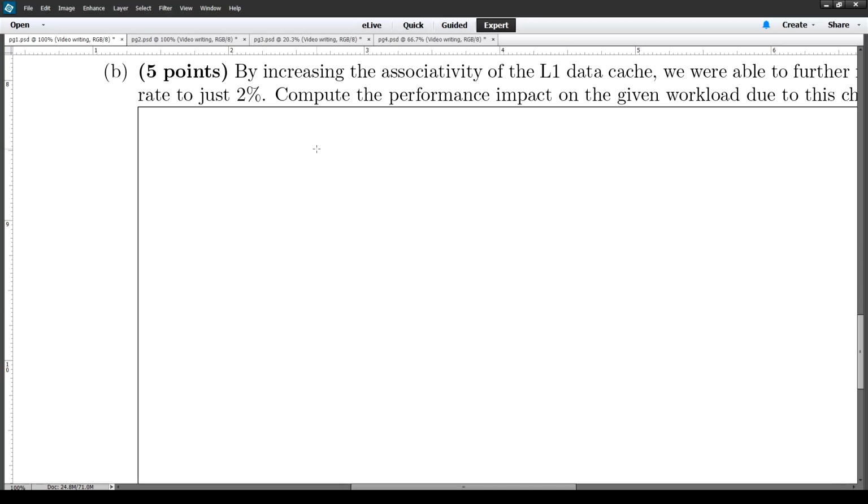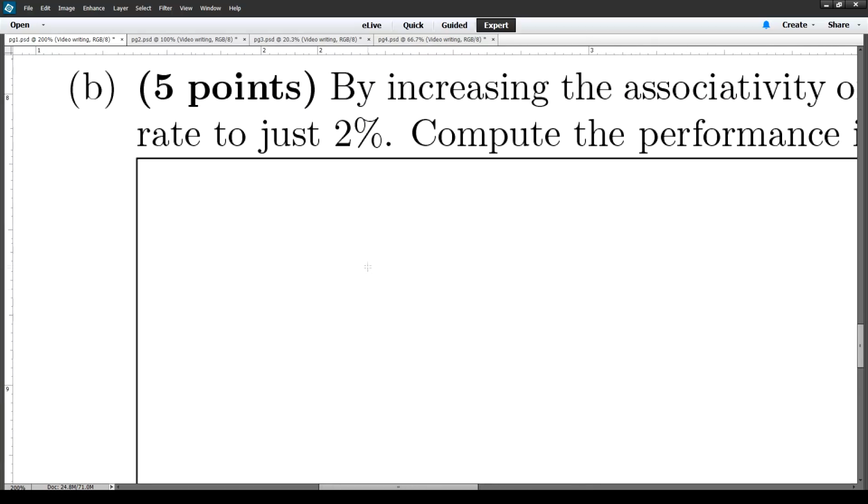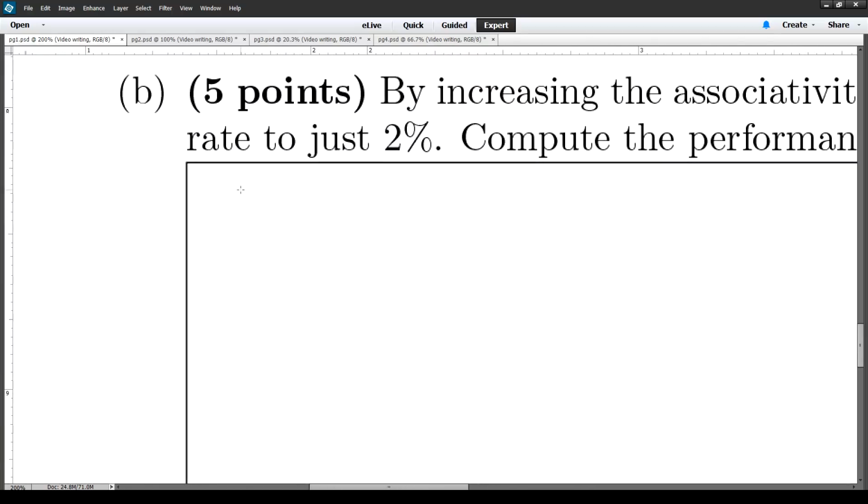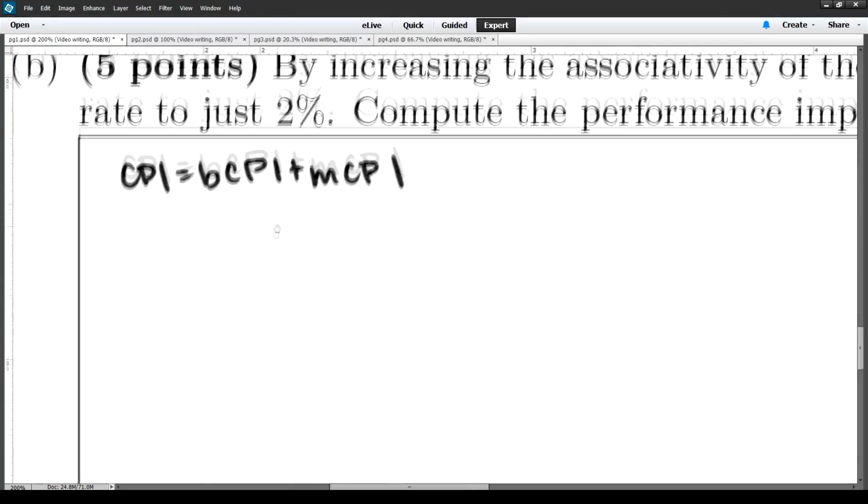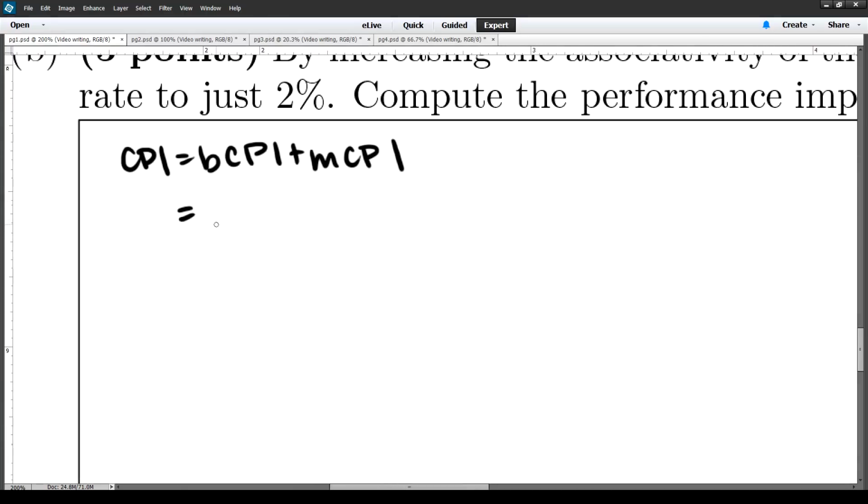First, we're going to calculate the CPI with this new cache, and we're just going to be using the same CPI equation as before. So we know that the base CPI is going to stay the same since it's not affected by memory stalls.